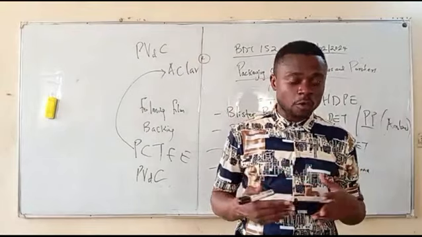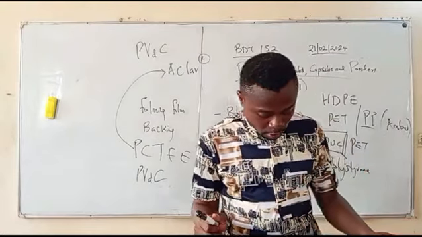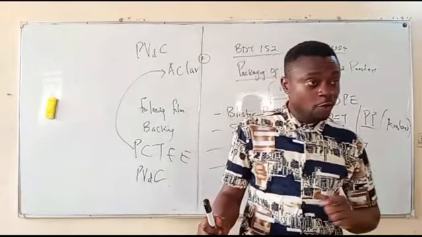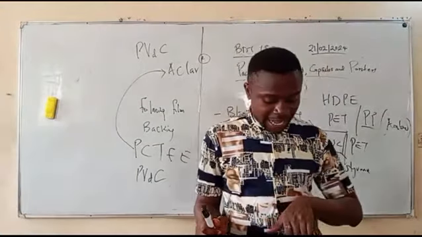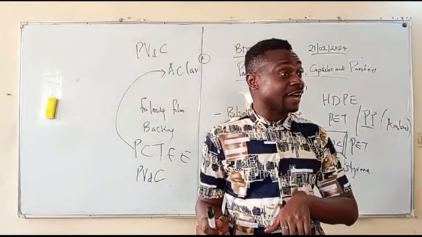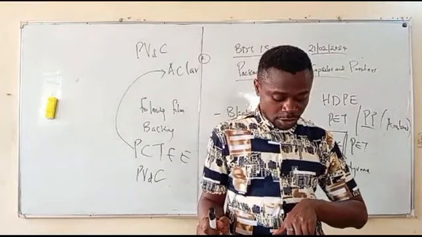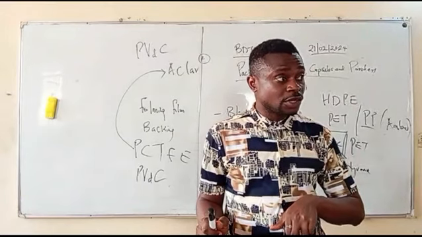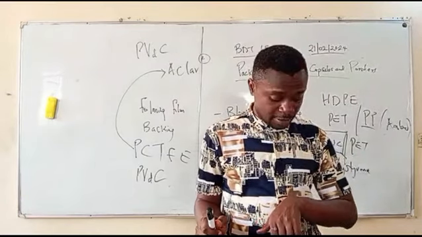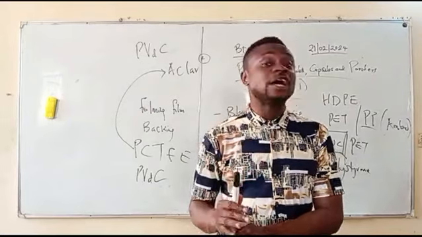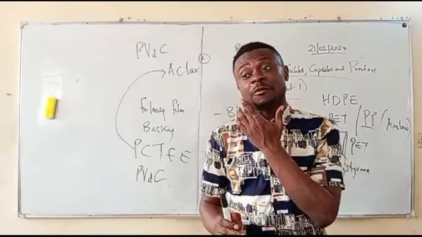Remember what I said: no particular thing is better than the other, it depends on what you want to achieve. So if you have a product that Aclar can do perfectly, why spend more? Do I know that Saran does it perfectly and gives what I'm looking for? It depends on what you want to package. That's the point there.